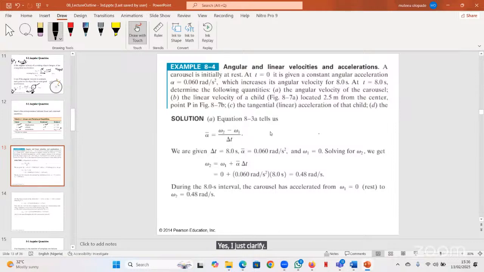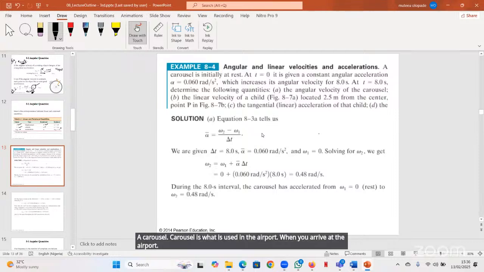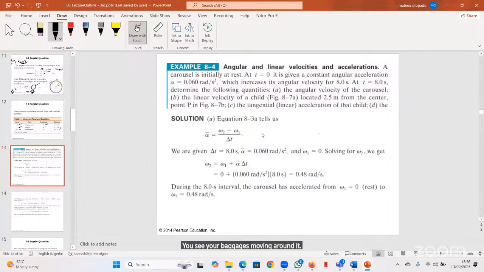So now we have an example. A carousel. Carousel is what is used in the airport. When you arrive at the airport, you see your baggages moving around it. So that's what is called the carousel. It's initially at rest.